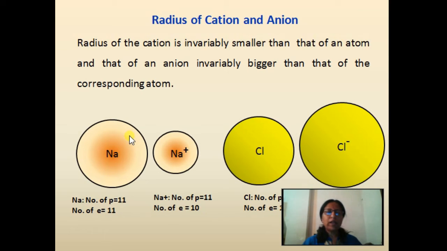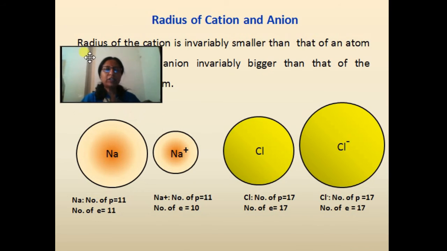But when we remove one electron from this neutral atom, Na plus will be formed, and in that the number of protons will be unchanged, so it will be 11 in number, but the number of electrons will be less than what there were in the neutral atom, so it will be 10 in number. So the same nuclear charge will attract a smaller number of electrons, so obviously the attraction force will be more and the size will be less.